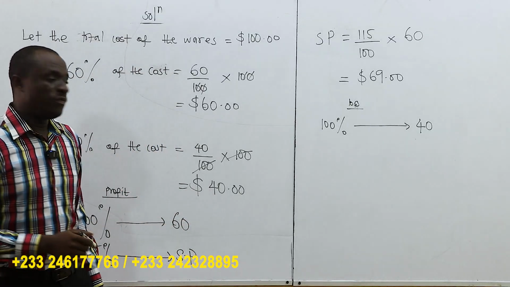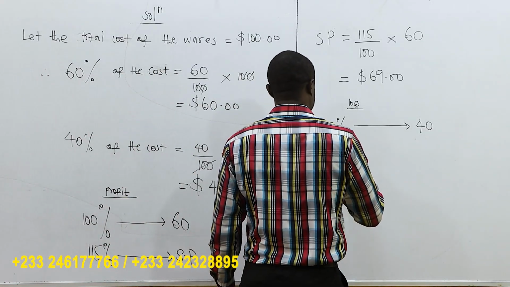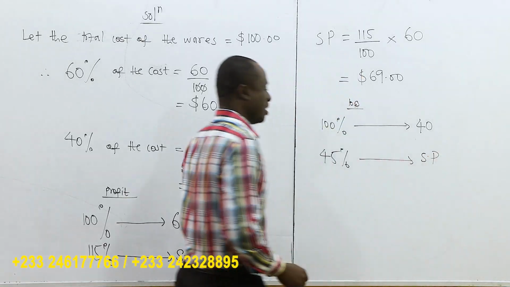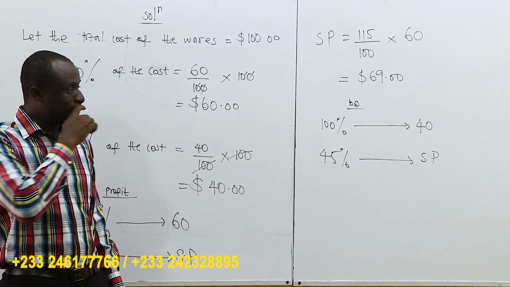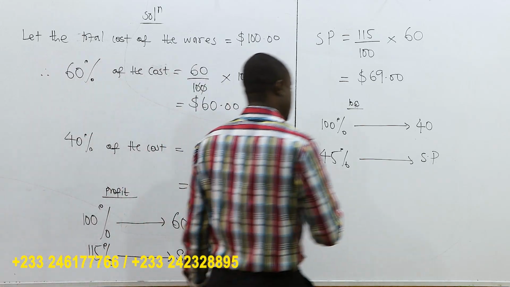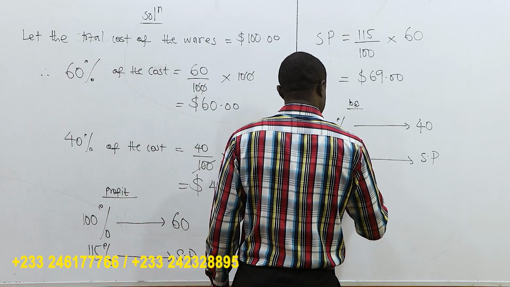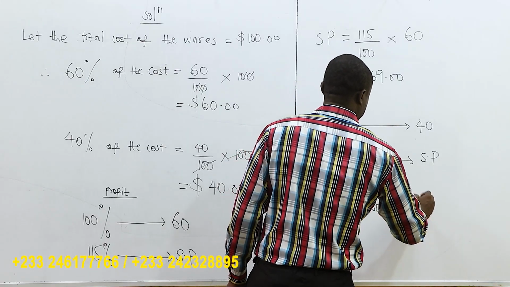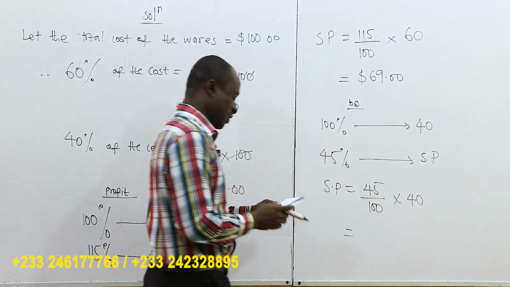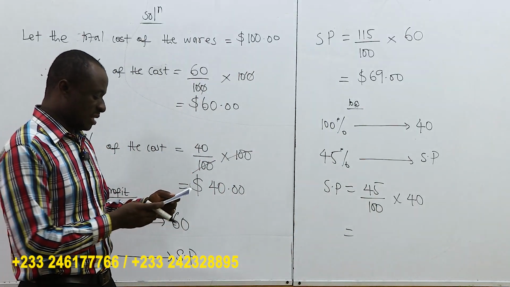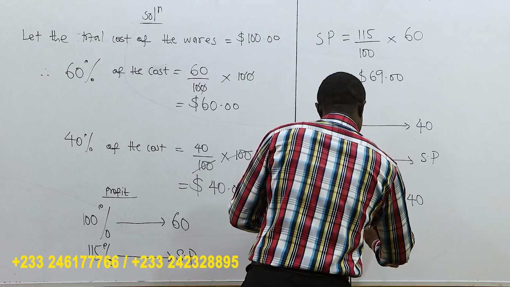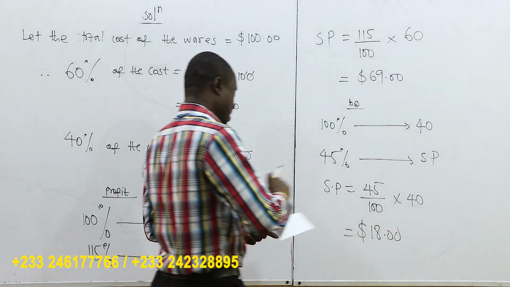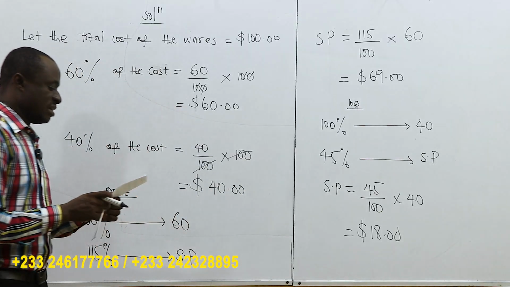So 100 minus 55, that's 45%, and this will be the selling price for the loss or the remainder. So clearly our SP will be 45 out of 100 times 40, and this is giving us $18.